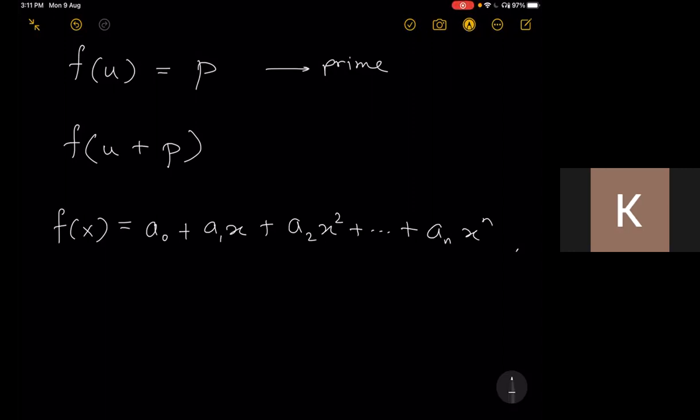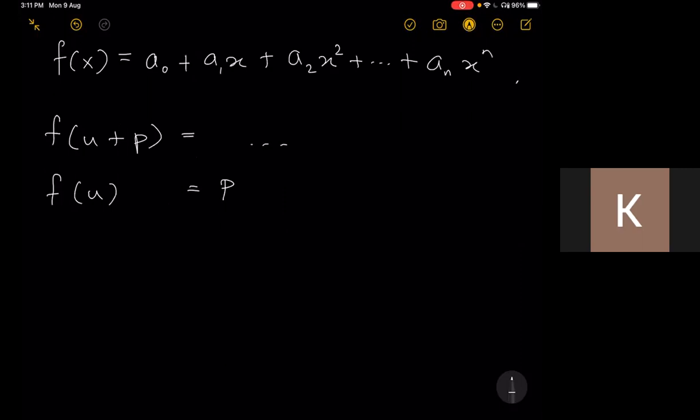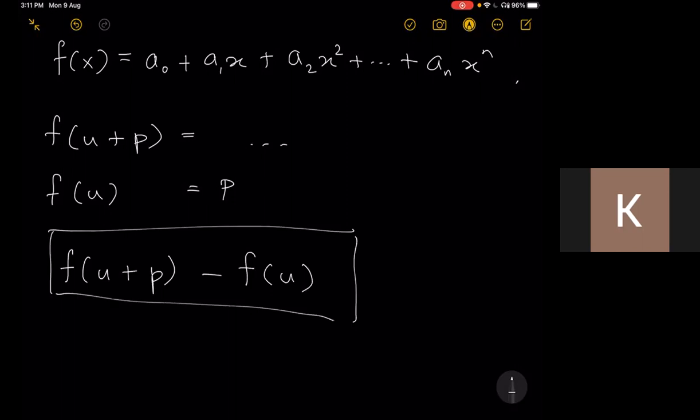Okay. So f(u plus p) equal to, you can write it, f(u) is just p. So f(u plus p) minus f(u). What can you say about this? Isn't it divisible by p?